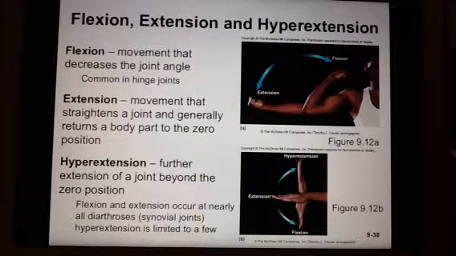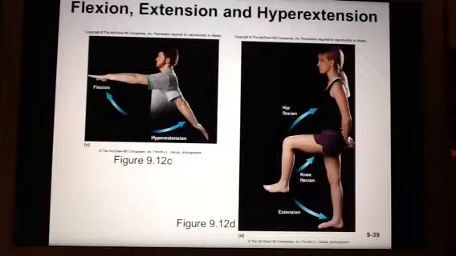We can see this in a few joints, not all of them, but flexion and extension occur at nearly all synovial joints. And then hyperextension we see in just a few, such as here's hyperextension of the arm, going past that back to zero position.